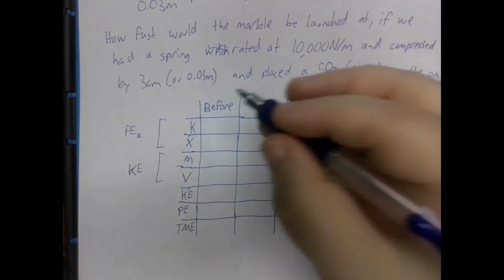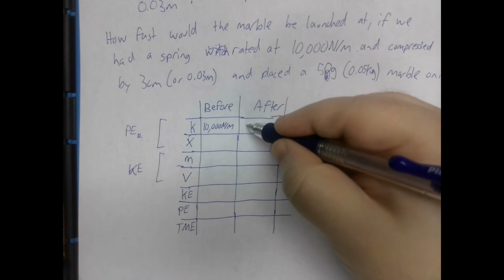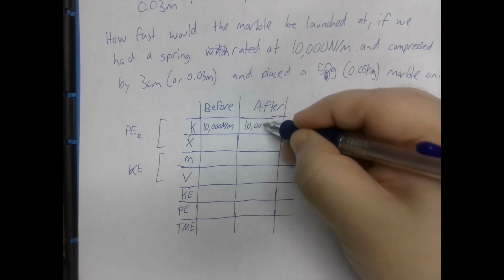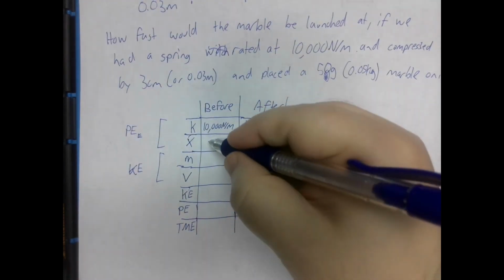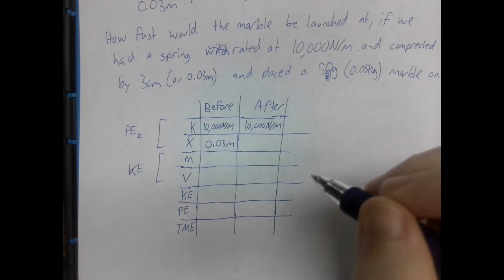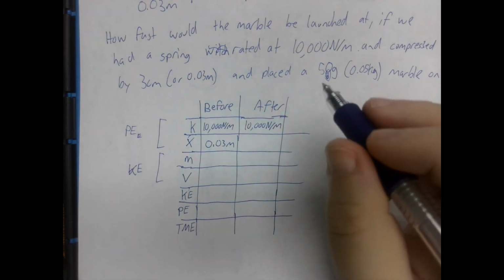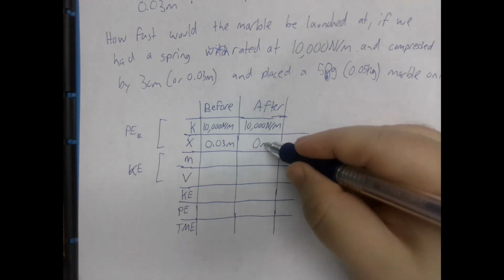So at the beginning, we have 10,000 Newton meters. This is a constant. It's literally in the name, spring constant. At the very beginning, beforehand, we compressed the spring by 0.03 meters. After you let go of the spring, how much is it compressed by? 0.